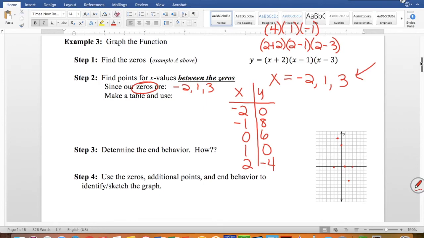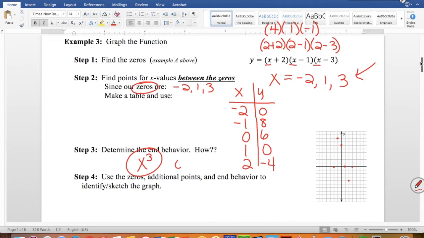Okay, so looking at our end behavior, how do we determine it? Well, it's hard on this one because we don't have it multiplied out. We know it's x cubed. If we were to multiply all those through, since there are no coefficients of x besides a positive 1, the x times the x times the x, my leading term is going to be x cubed.